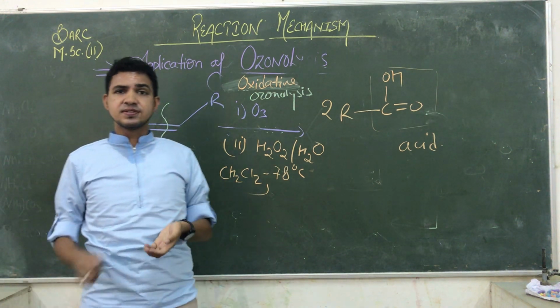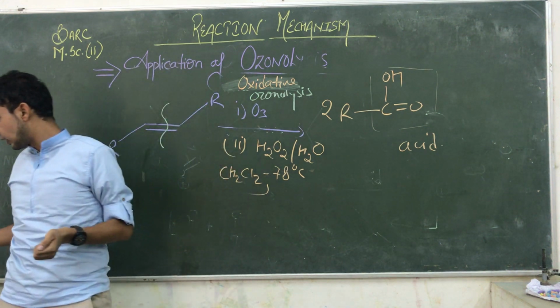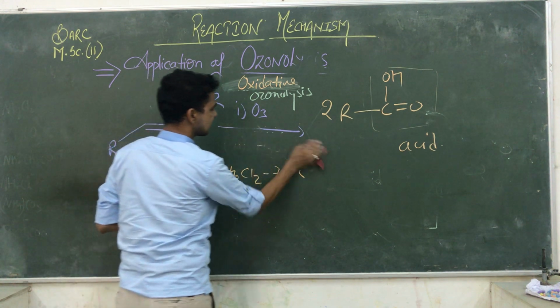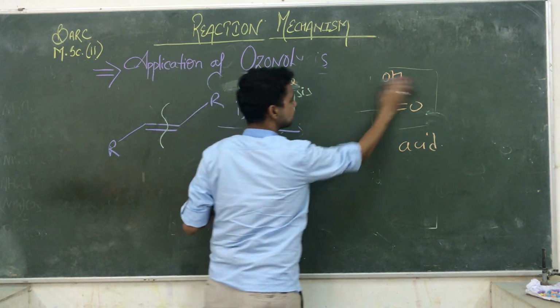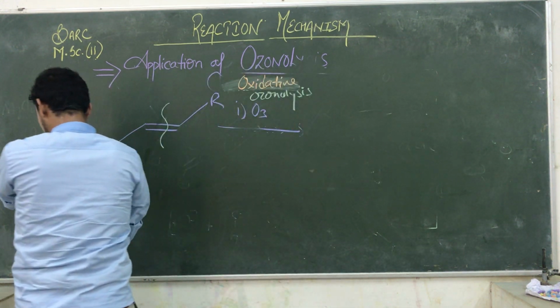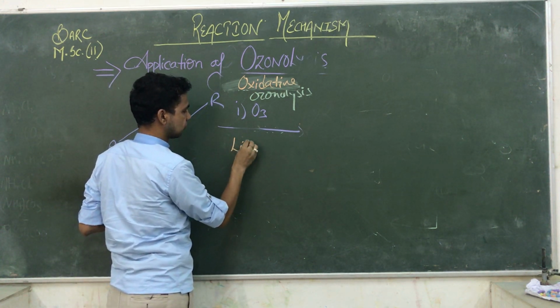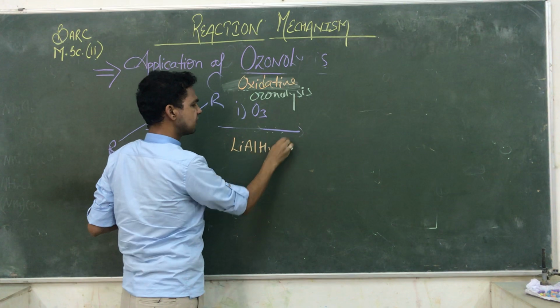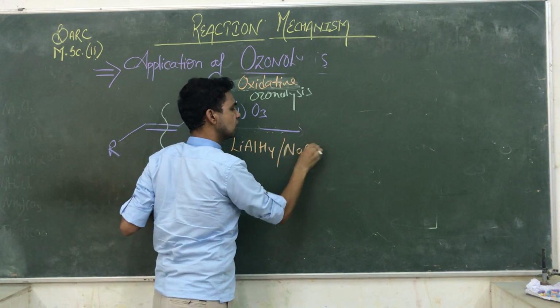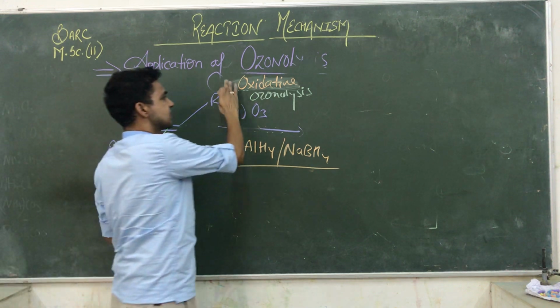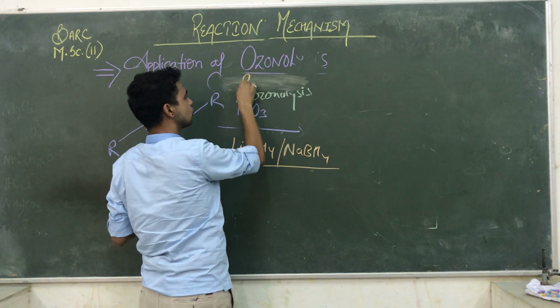The last one is, suppose we are using another kind of reagent. Suppose this reaction takes place in the presence of a reducing agent like LiAlH4 or NaBH4. They are both strong reducing agents, so that is again a reductive ozonolysis.